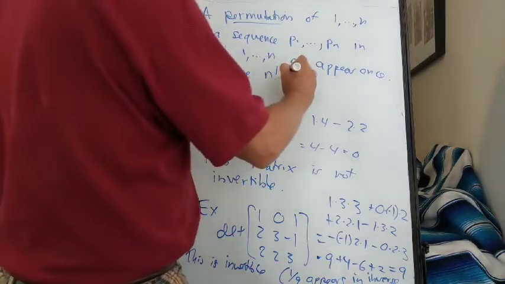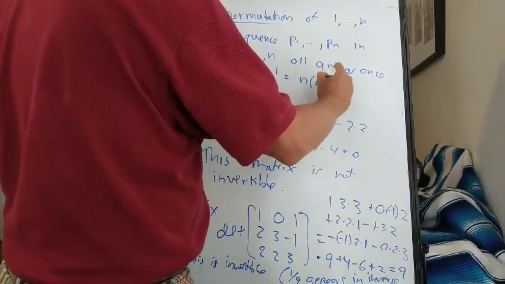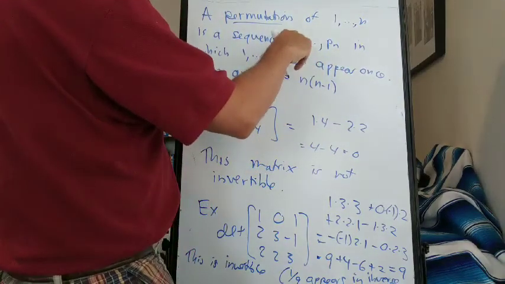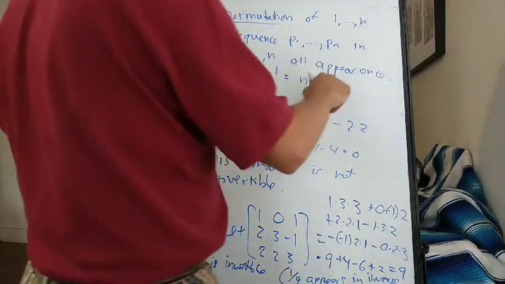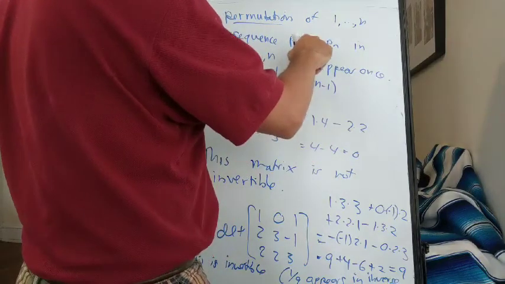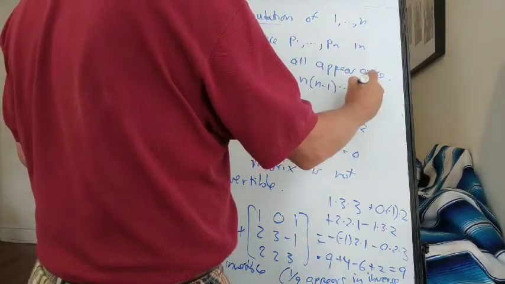And there are n factorial of them, because there's n choices for what the first one's going to be, and then n minus 1 choices for what the second one's going to be, etc.